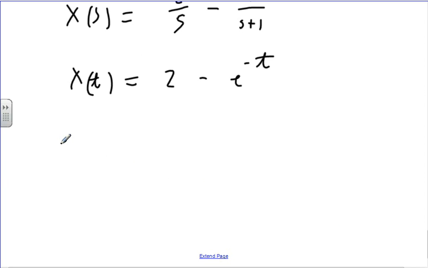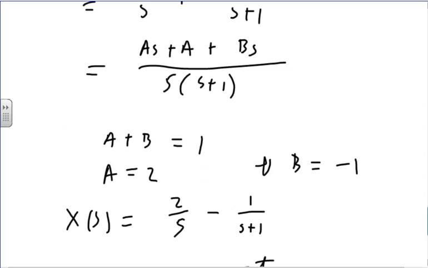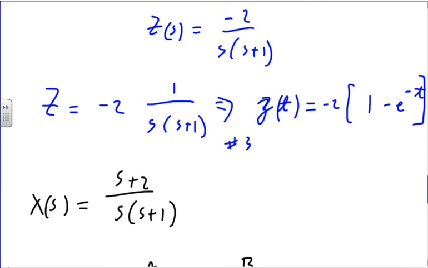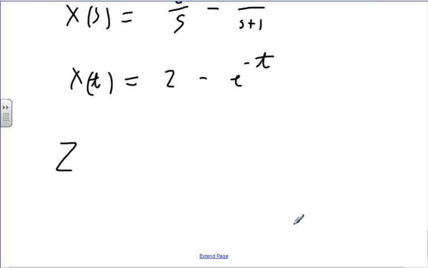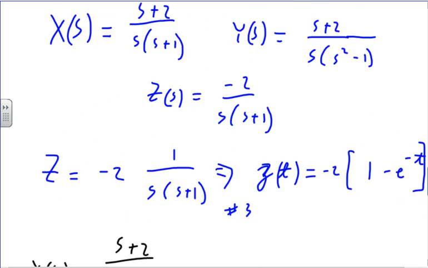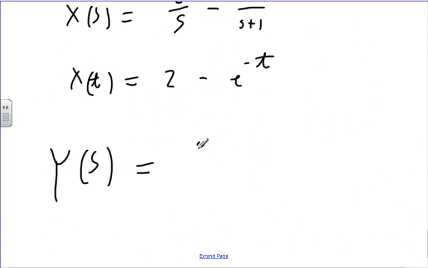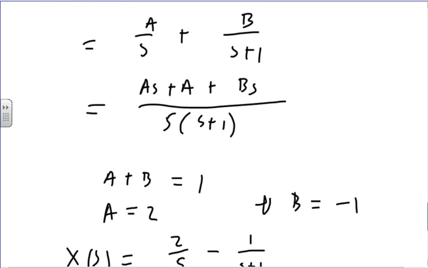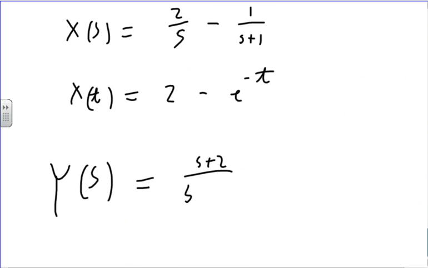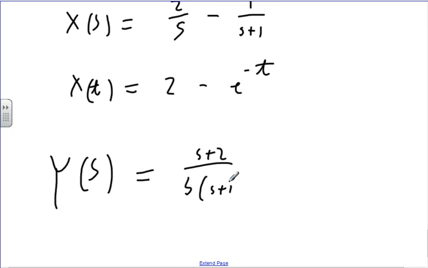All right. Is z the guy we're working on, or y? Y is next. Okay, so y of s equals s plus 2 over s, s plus 1, s minus 1.